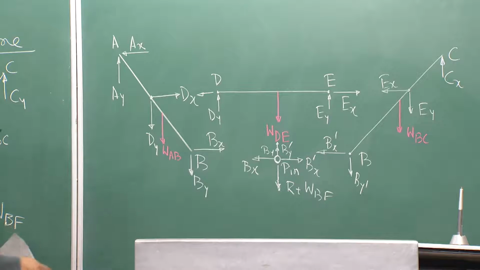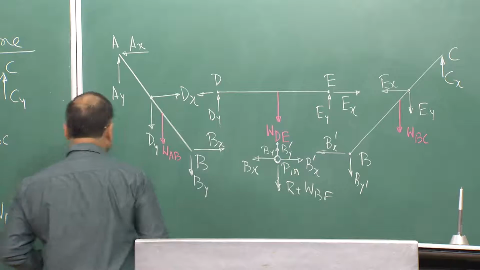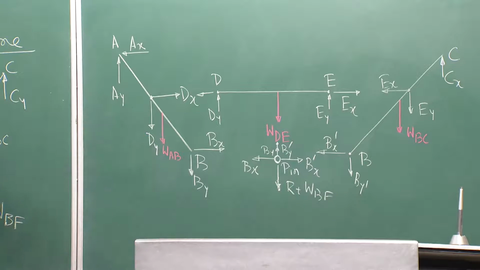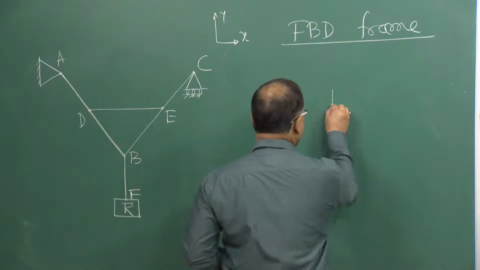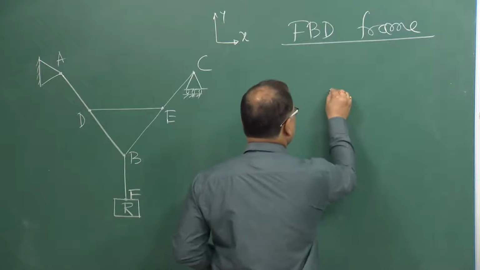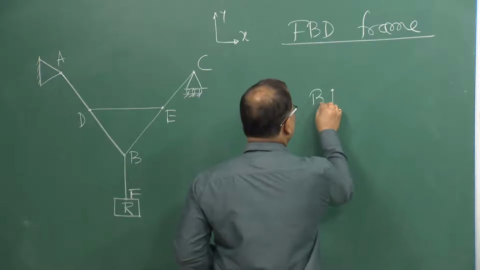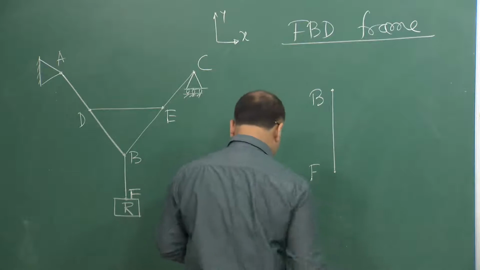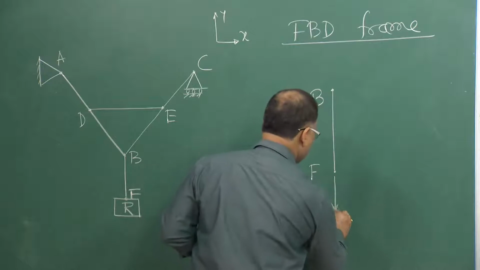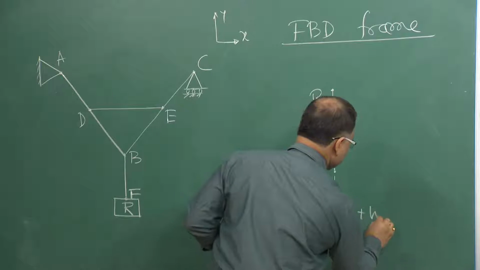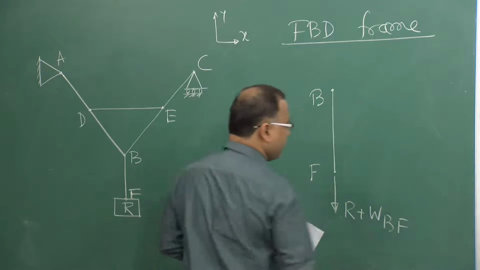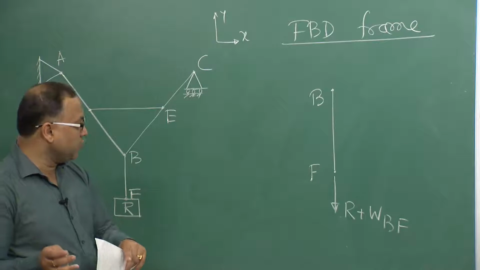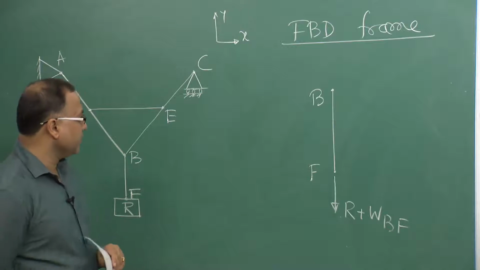Now, if I want to draw the free body diagram of the member BF, how will it look? So, this is BF. At F we have already seen that R plus WBF is acting. R is the externally applied force, and WBF is the weight of the member BF.